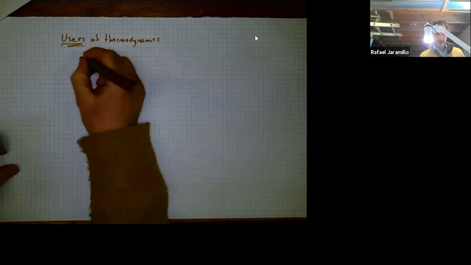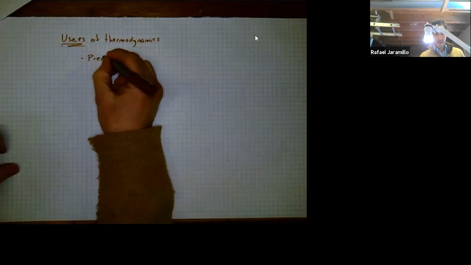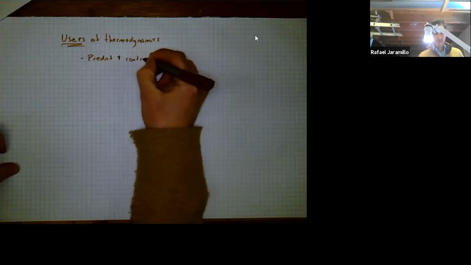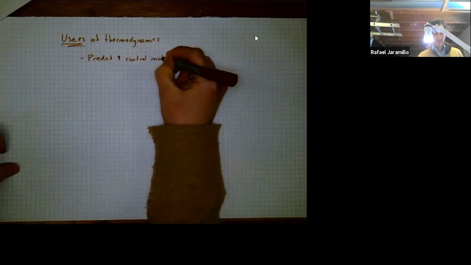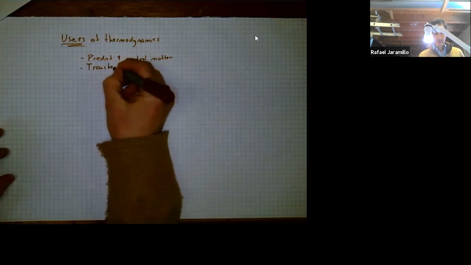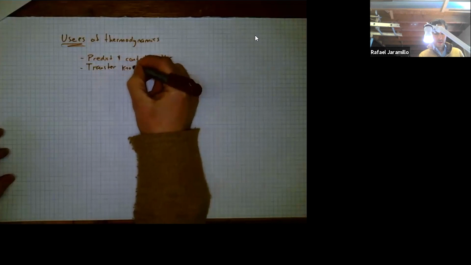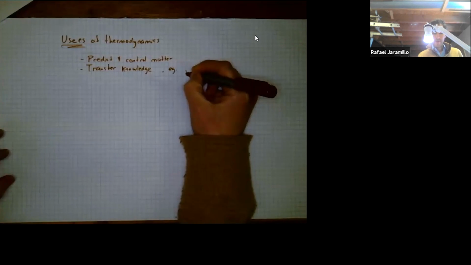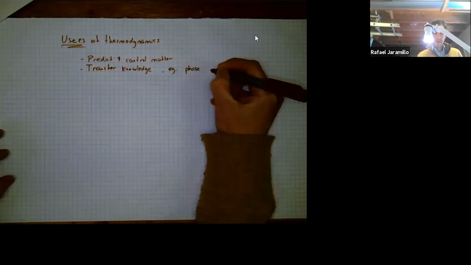We use it to predict and control matter. And we use it to transfer knowledge, again, an example being phase diagrams, which are great summaries of knowledge.